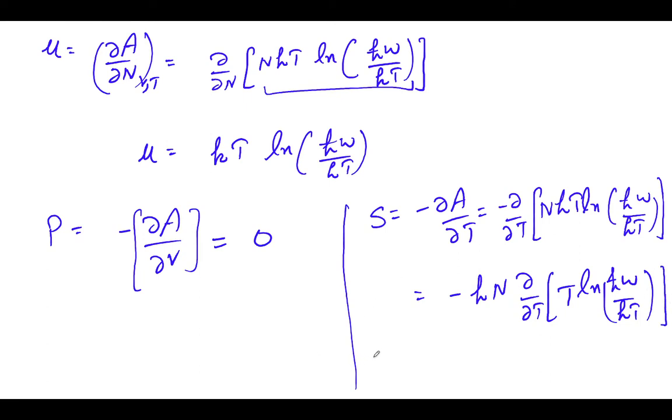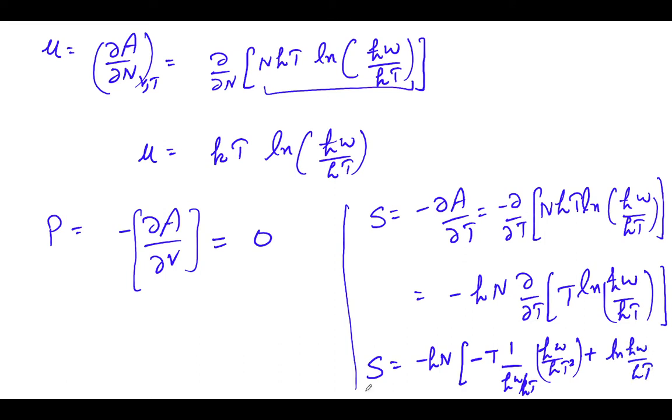Solving this uv integration, S comes out to be minus kn times minus T, 1 over h bar omega over kT. Taking again the derivative of the log of h bar omega over kT, it comes out to be h bar omega over kT square plus log of h bar omega over kT.